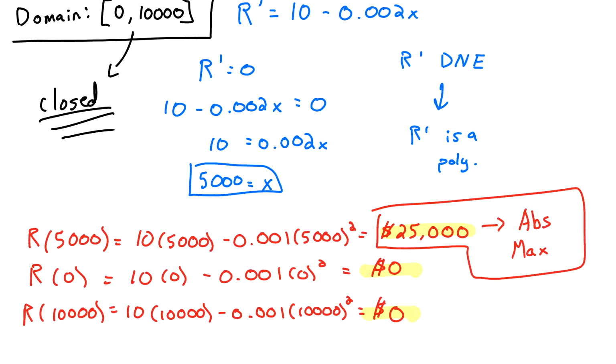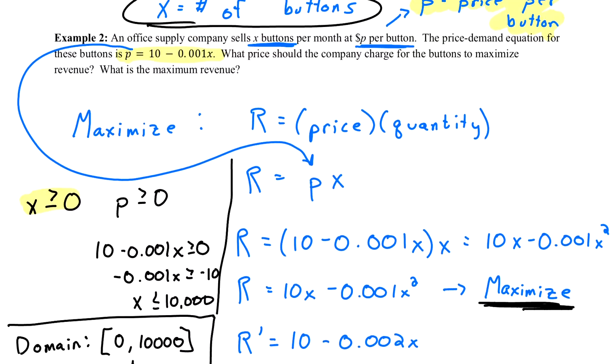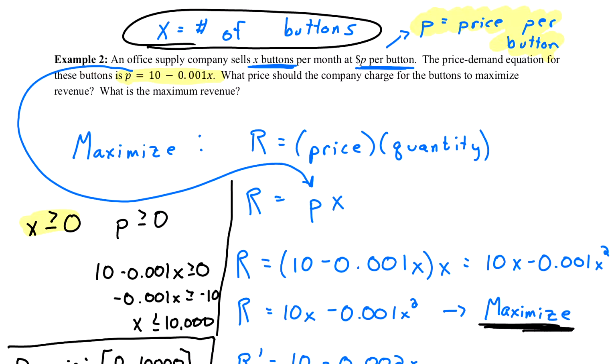Now the last thing I want to do here is make sure that I'm actually answering the question that's being asked. If I go back up and look at this problem, let's erase some of this highlighting so that we can focus on the important questions. The second part says, what price should the company charge for the buttons in order to maximize revenue? And what is the maximum revenue?